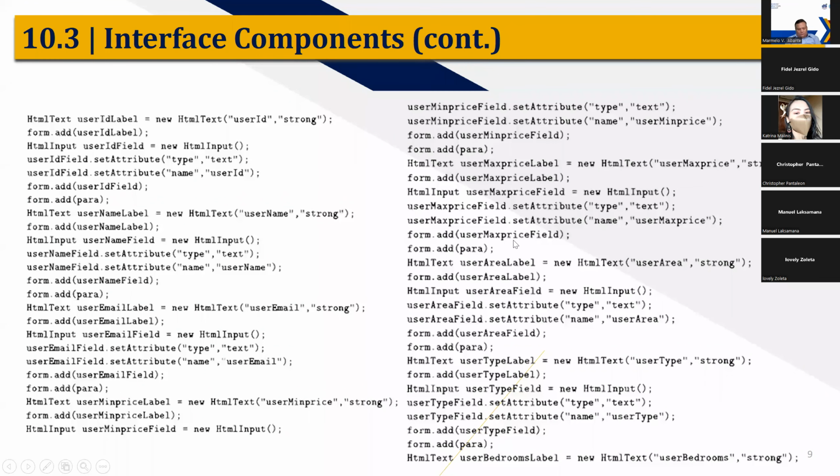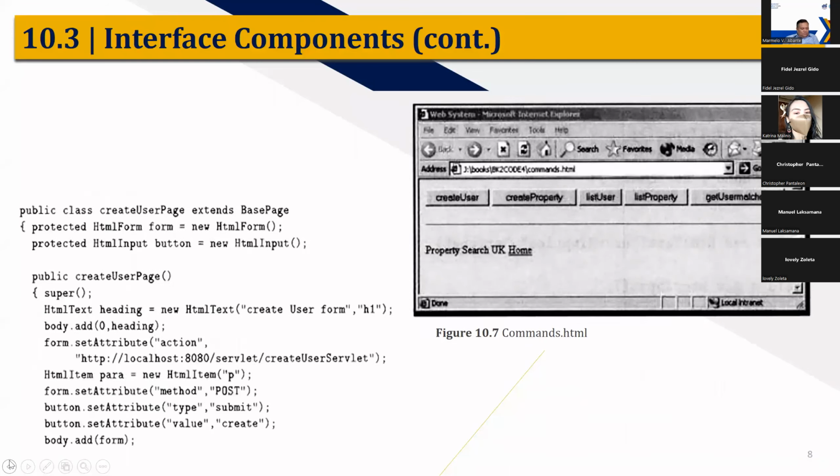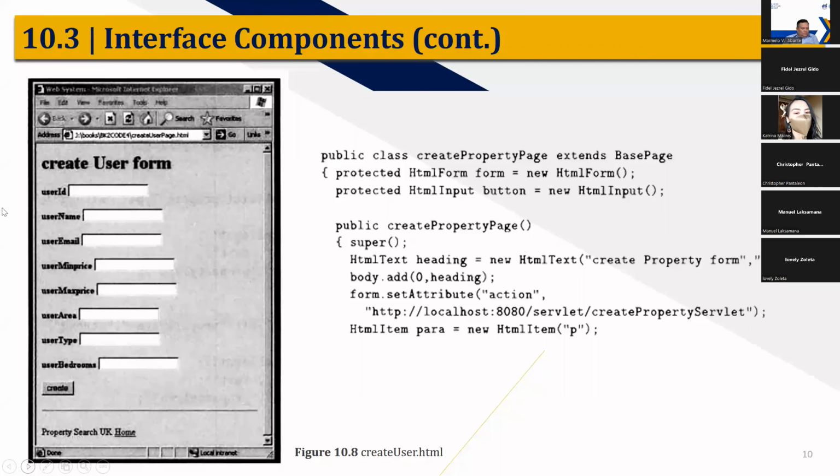Again, these are examples of the criteria declarations in the scripting. And when you click create user, let's go back to this one. For example, when you click, it will show this kind of form, which is already defined in the create user page.html. When you click and execute, this is the executed page created in the create user page HTML.